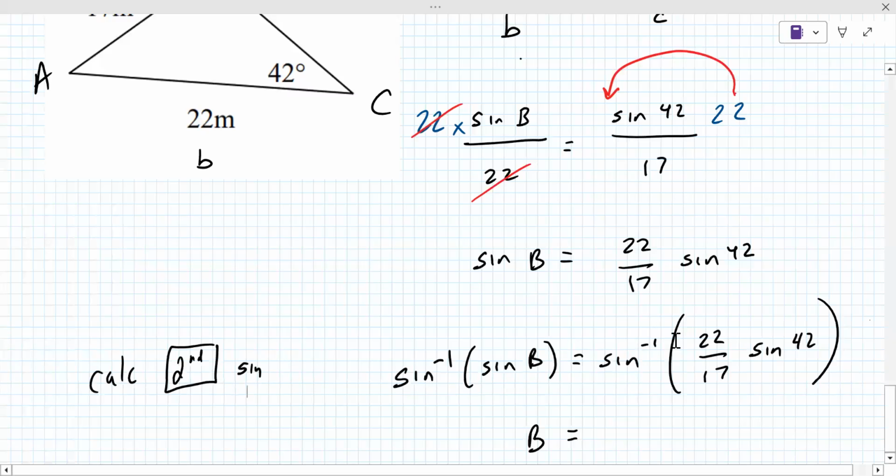So will you try entering this on the right side in the calculator for us, please?